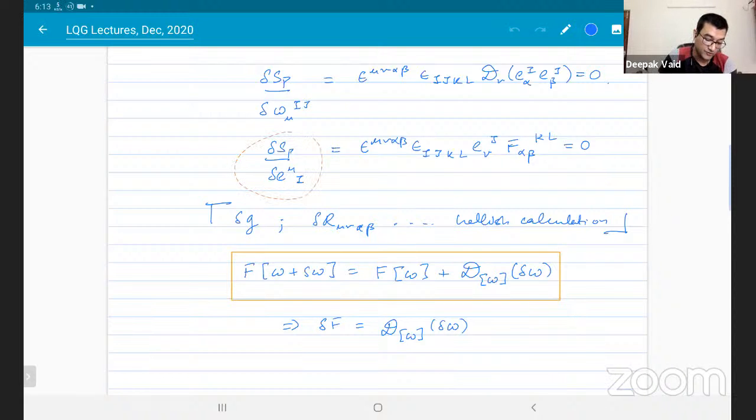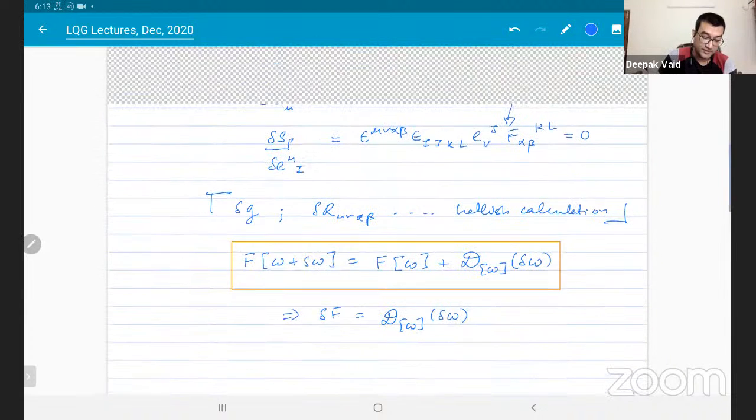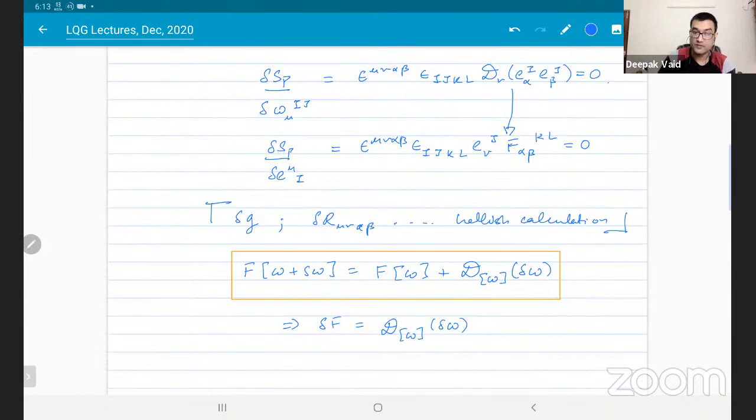And if you do the variation with respect to the tetrad, you get this equation, you substitute it in here, you do some algebraic manipulations, and you end up with the final conclusion, which is that G mu is equal to 0.